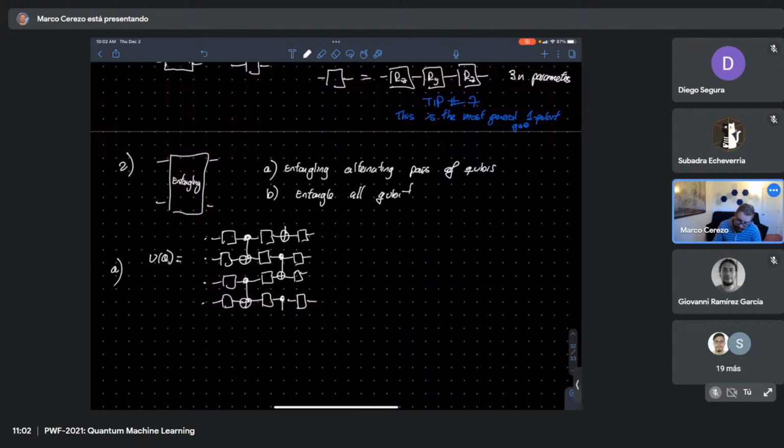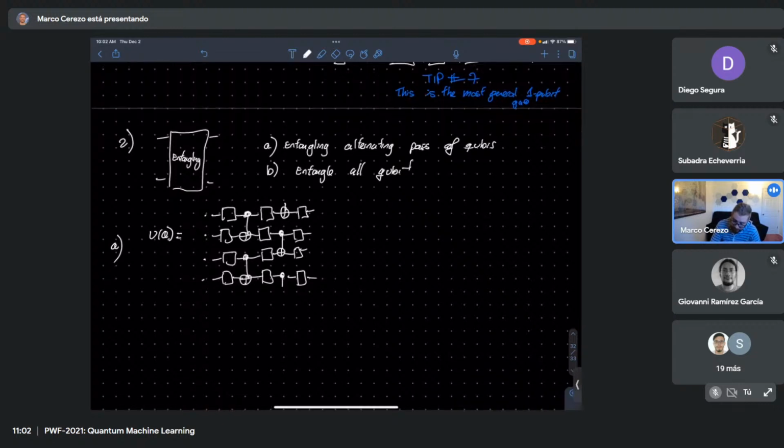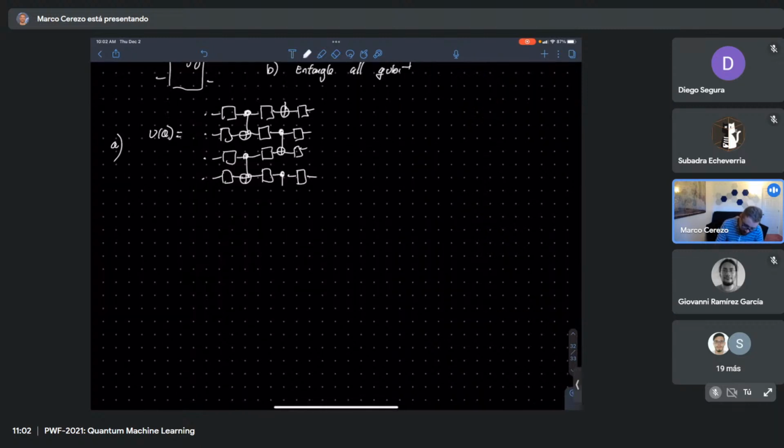So another alternative is to entangle all qubits in a highly entangling way. Let me show you the structure, and you're going to see what I mean by this in a second. So here what we would have is something that looks like this. And then I do a highly entangling layer, which would be entangled first and second, then second and third, and third and fourth.